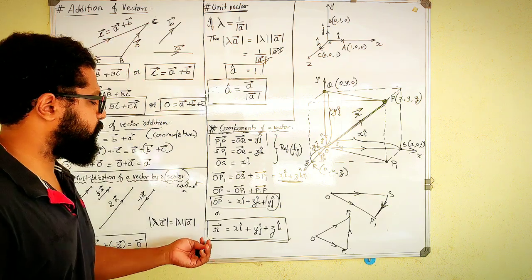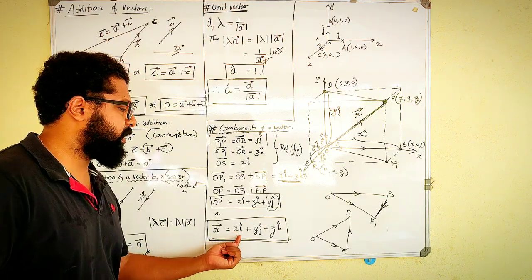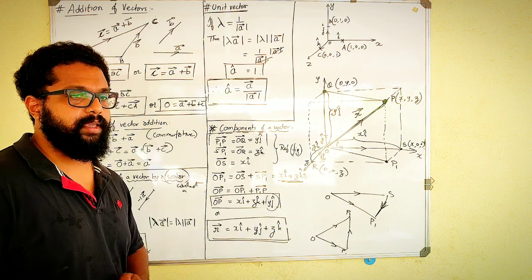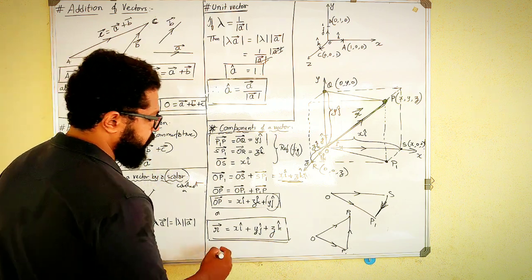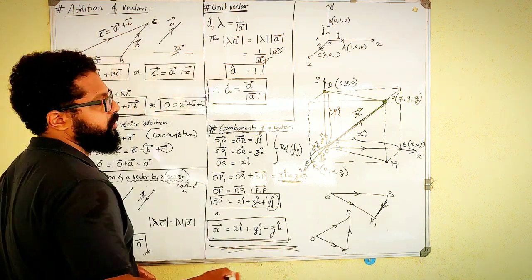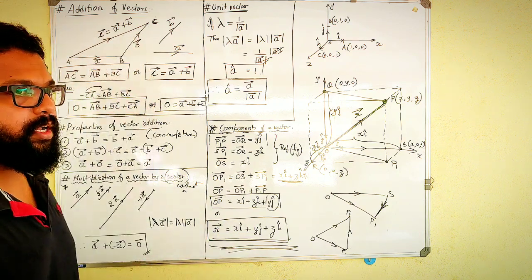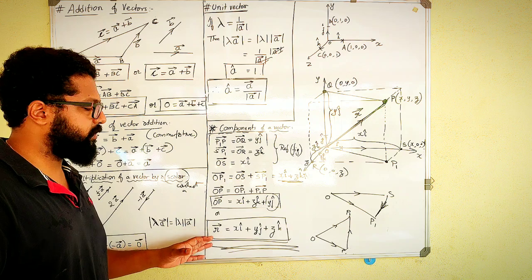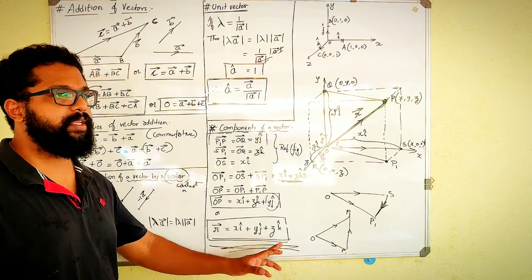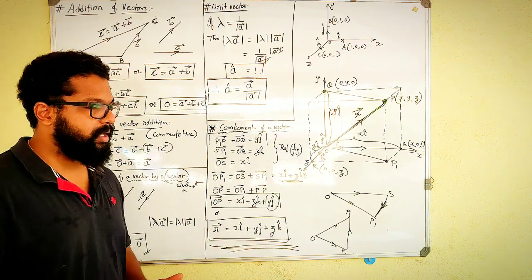So the component of OP vector is R is equal to XI plus YJ plus ZK cap. Okay, so this is how you will represent a vector in algebraic representation. So algebraically, we are going to represent these vectors in the form of xi plus yj plus zk cap. Okay, I hope it is clear.